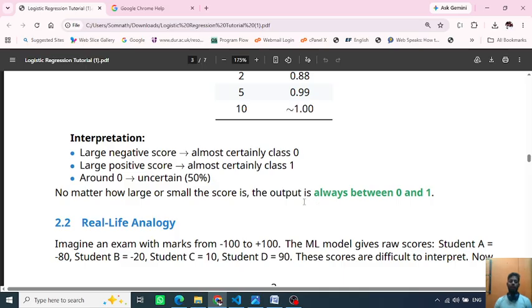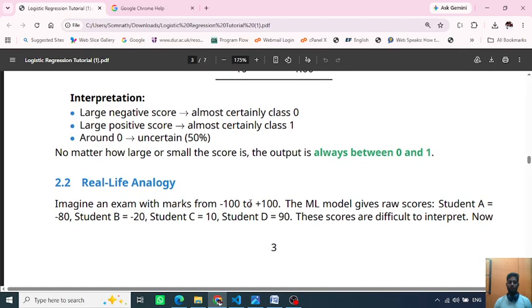Here the sigmoid function transforms the score to a value between 0 and 1, no matter how large or small the score is. I hope you understood the use of the sigmoid function in logistic regression. This is very important.